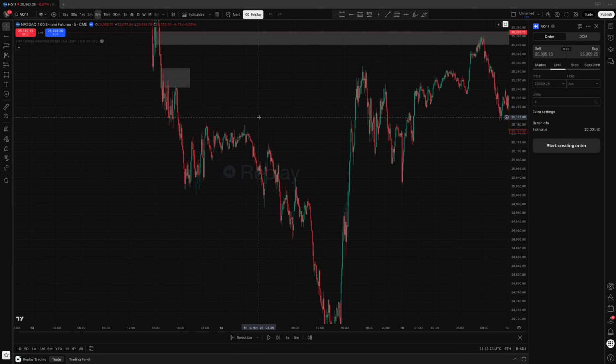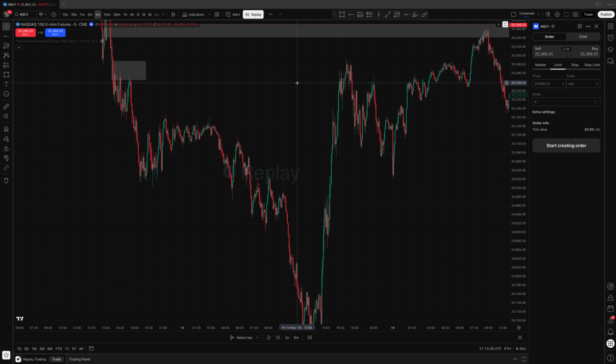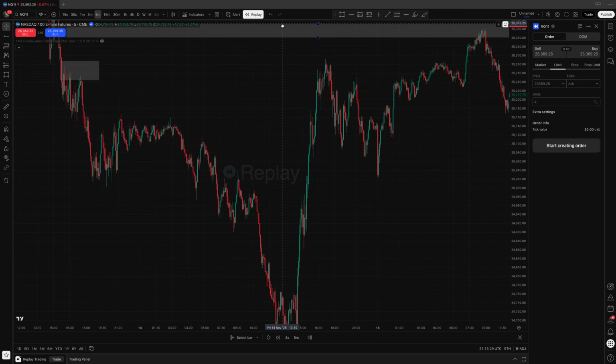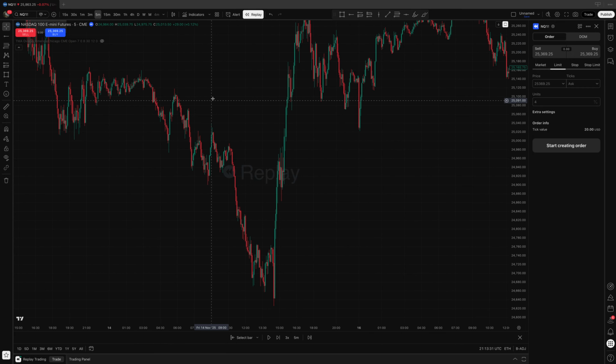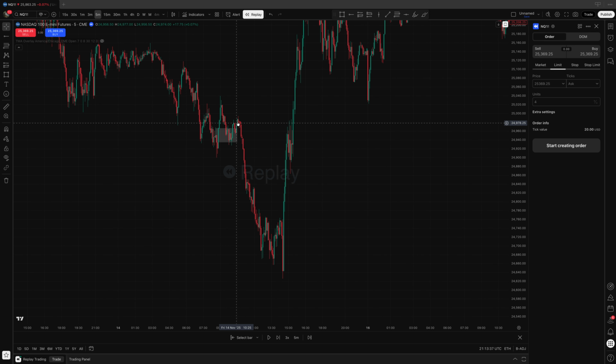Let's look for more. Bullish fair value gap right here, but obviously this is going against the trend. Yeah, no, you can't really consider it because it made no move.